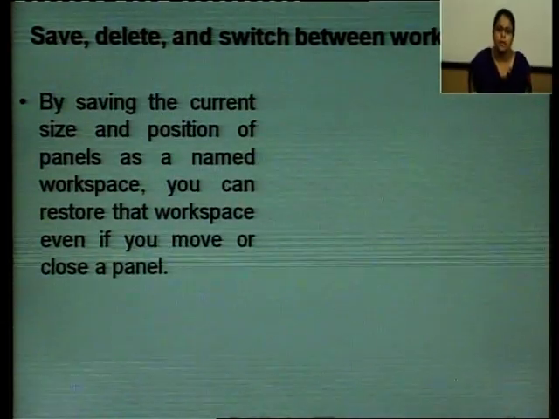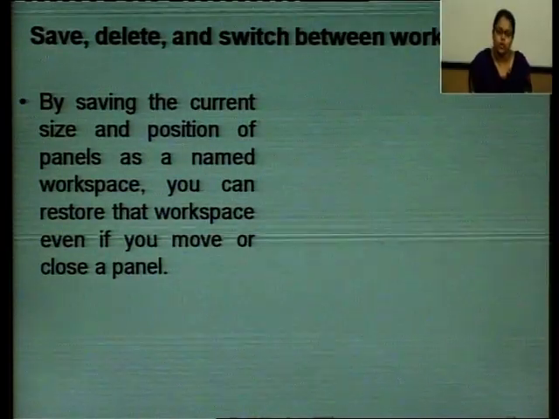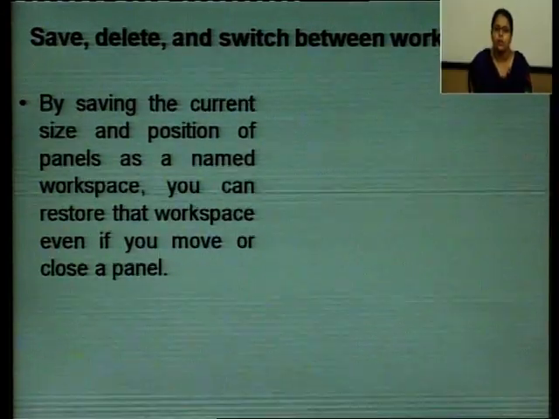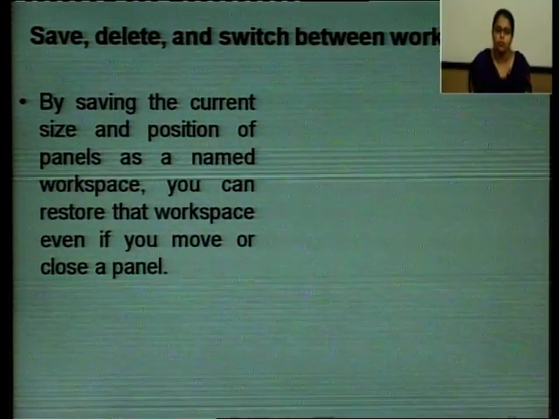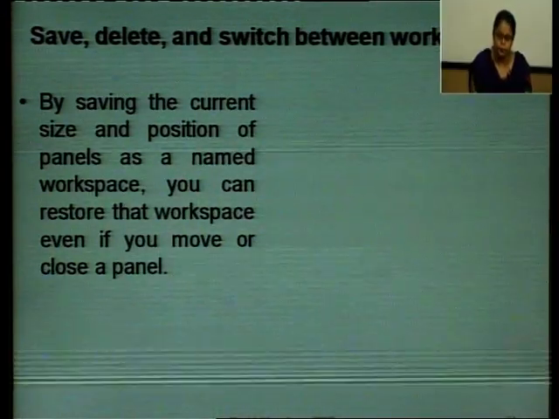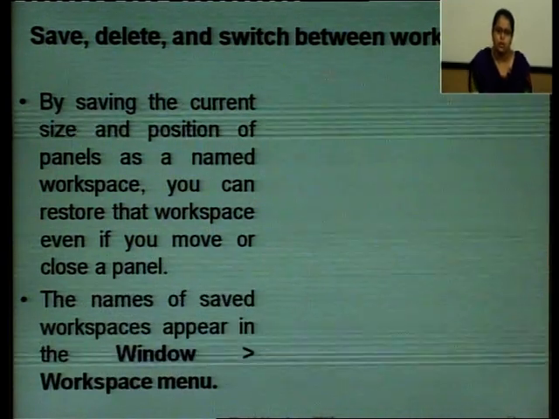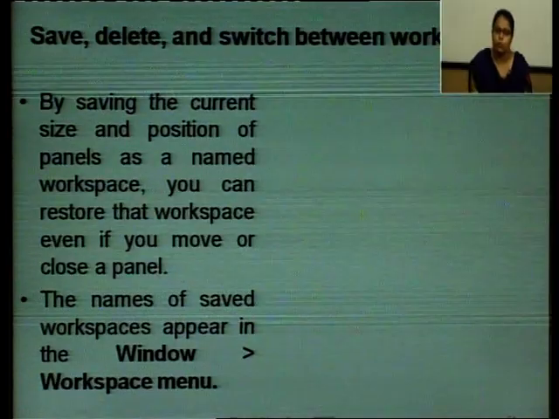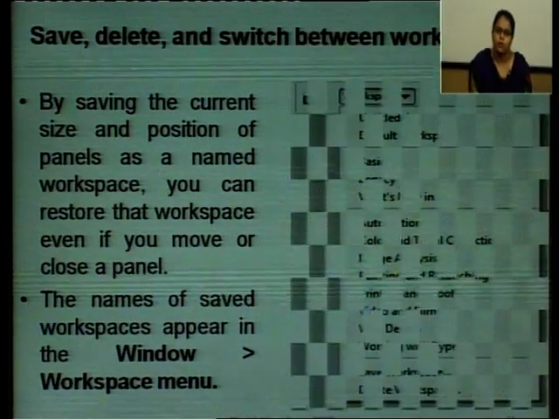Now we can save, delete and switch between the workspaces. By saving the current size and position of panels or palettes as a named workspace, we can restore that workspace even if we move or close a panel. The names of saved workspaces appear in the Window menu under the Workspace menu.